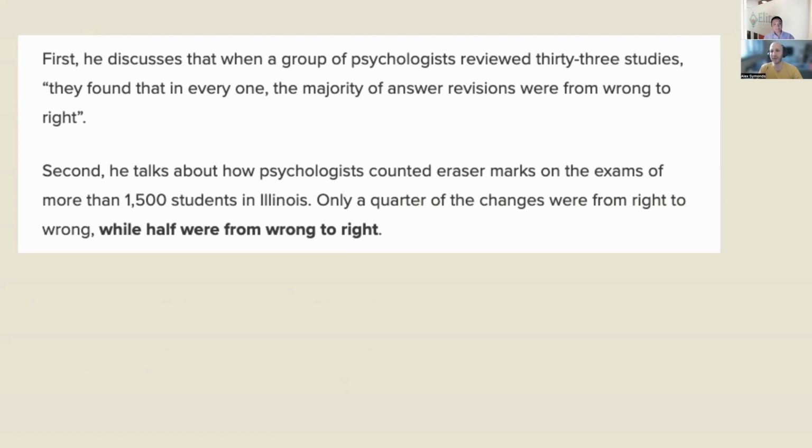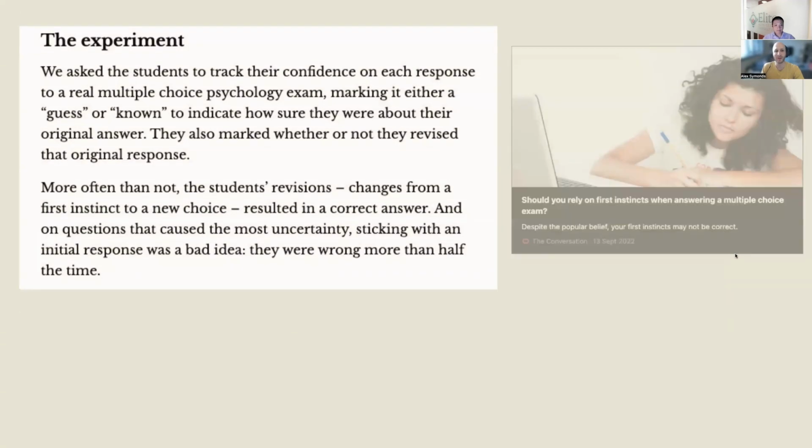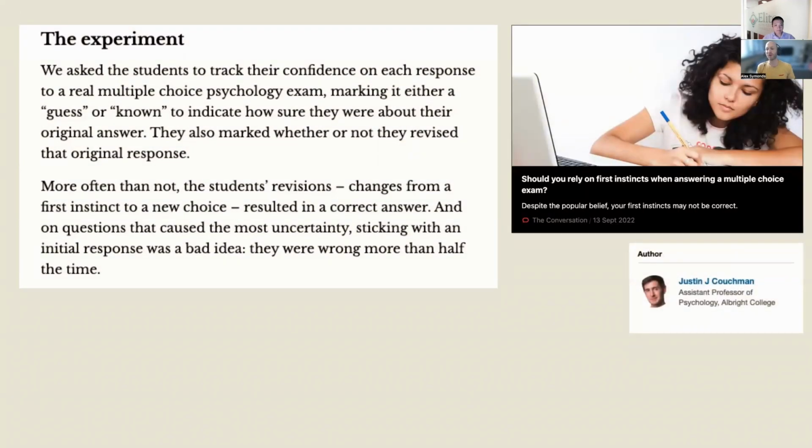So I'm not saying that this is always going to be the right way, but when you're going back and reviewing your answers, there is sometimes a benefit to thinking, you know what, no, the correct answer is here. Some of the research backs up this idea. I'm happy to provide these slides and links. There was also an article on The Conversation looking at students' responses, which again found that revisions from the first instinct to a new choice resulted in a correct answer.